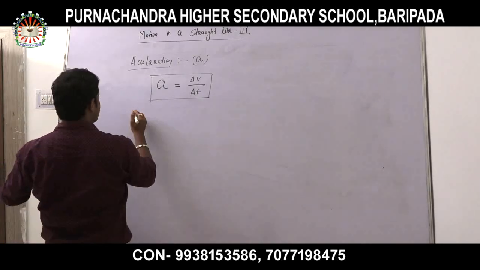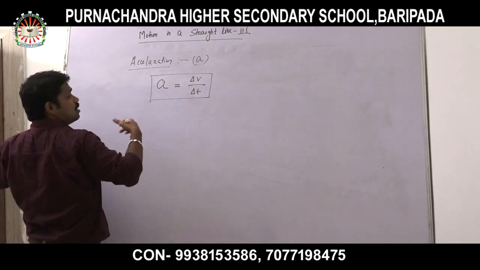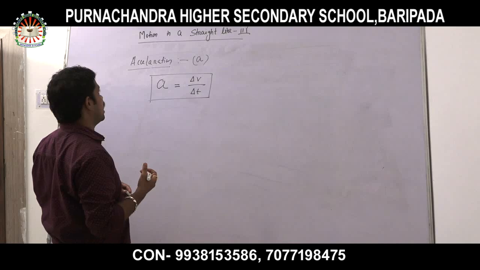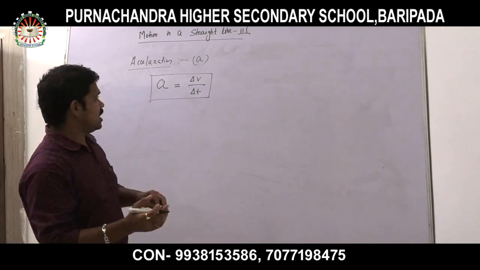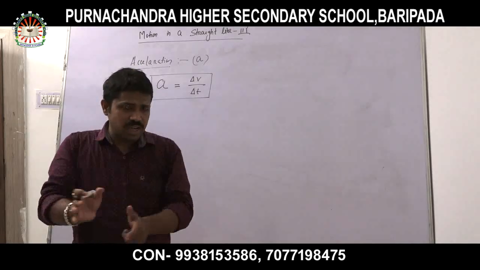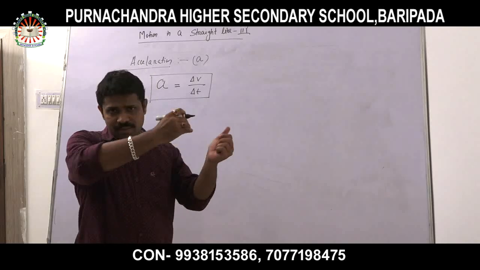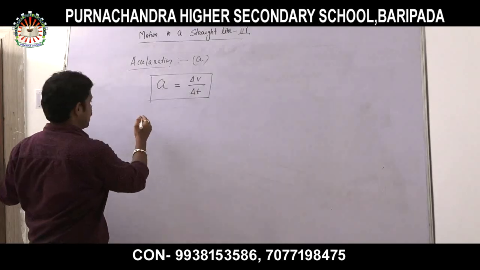Okay, so now let us find out the average acceleration. Average acceleration is very simple. Suppose a body is having a number of velocities in subsequent time intervals. Let us take an example.